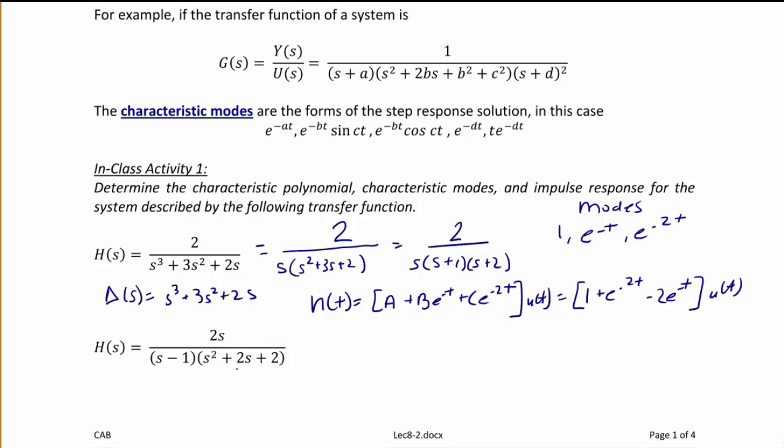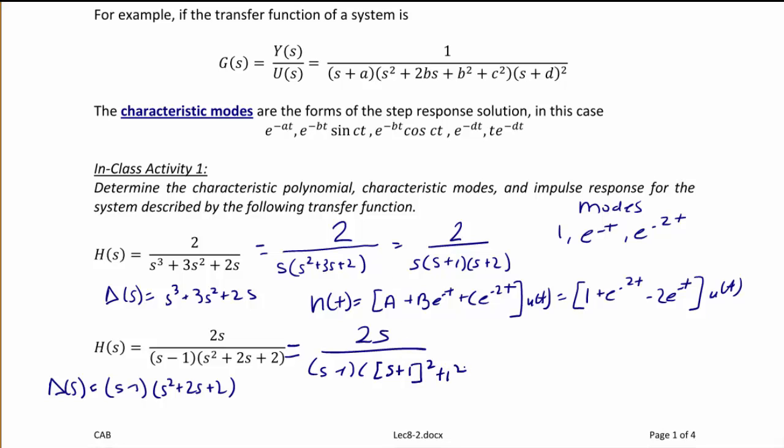Let's try another example: 2s over (s minus 1) times (s squared plus 2s plus 2). So once again, the characteristic polynomial is the denominator of the transfer function, so it's (s minus 1) times (s squared plus 2s plus 2). So we can rewrite H(s) as 2s over (s minus 1) times ((s plus 1) squared plus 1 squared).